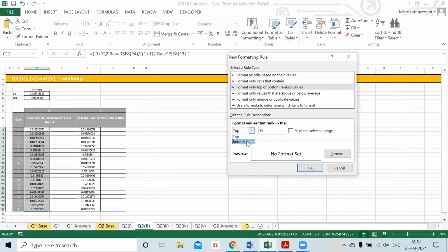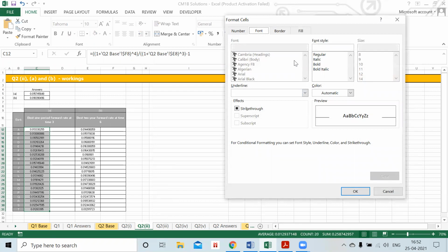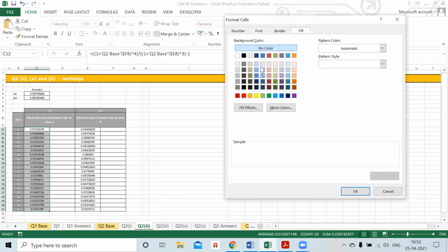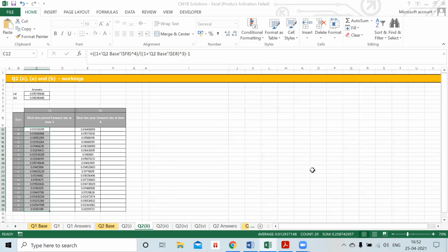You need the maximum here, so top, and you can just do 1. Set the format to any color you want. So if I do a fill of a very light color, say beige, and apply, you see 0.15, the bank I provides it. Just do the same thing here as well.